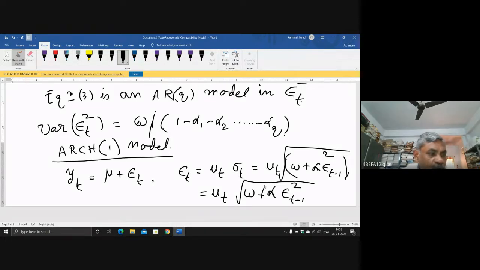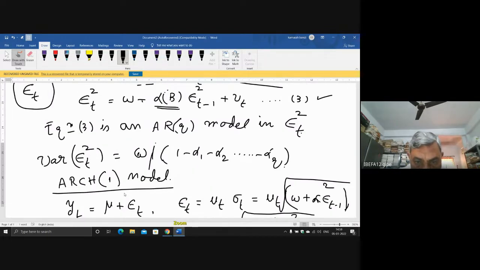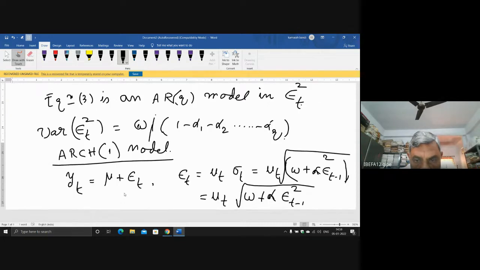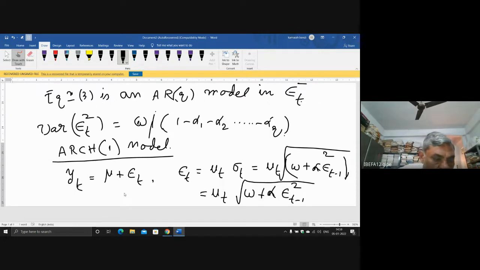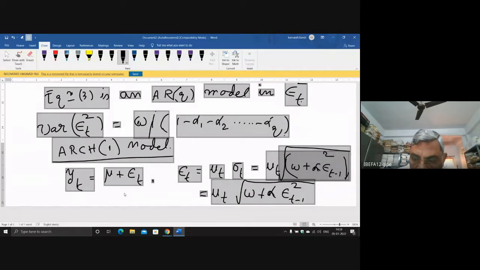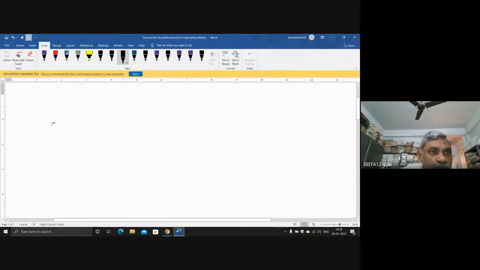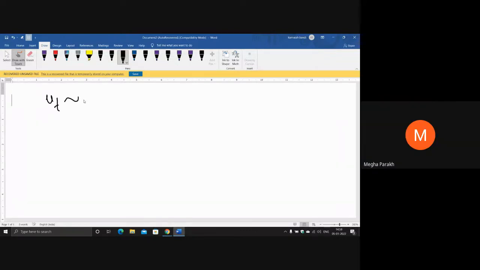Now, what is the restriction that we have imposed on this? What are the restrictions that we imposed earlier, if you recall? And what was the assumption that we made with regard to ut? Come on, follow it up. Ut follows normal 0, 1.